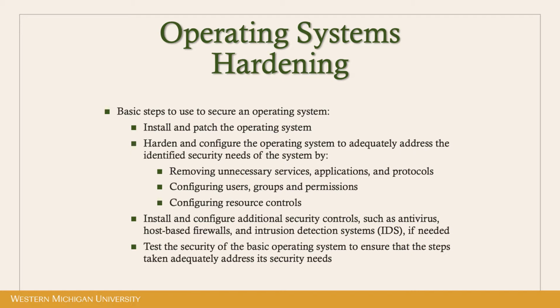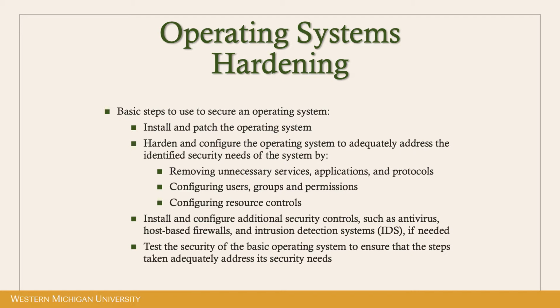We're going to configure my users, groups, and permissions, right? I'm going to carefully figure out what groups need access to what resources and which users should be part of those groups. Get that in place. And I'm going to configure those resource controls. Next, we'll install and configure additional security controls. Okay, we're going to put our antivirus on. We're going to use some intrusion detection systems. We're going to configure our firewalls.